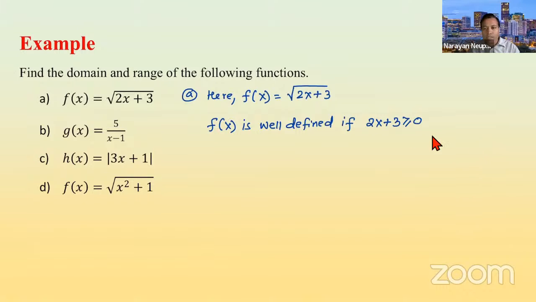That is the only possibility. This function is well defined only when 2x plus 3 is greater than or equal to 0. Otherwise, it is not defined. Does that make sense up to there? Okay.